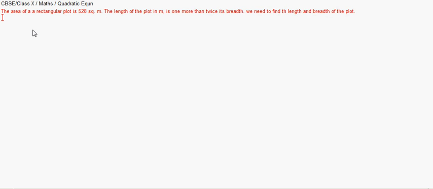We have to assume one variable first. The length is given in terms of breadth, so let us assume the breadth to be x meters. So length is 1 more than twice its breadth. Now how do we find the area of a rectangle? We find it by length into breadth.